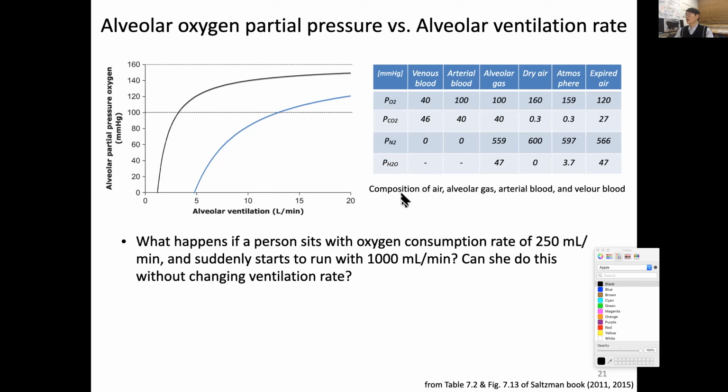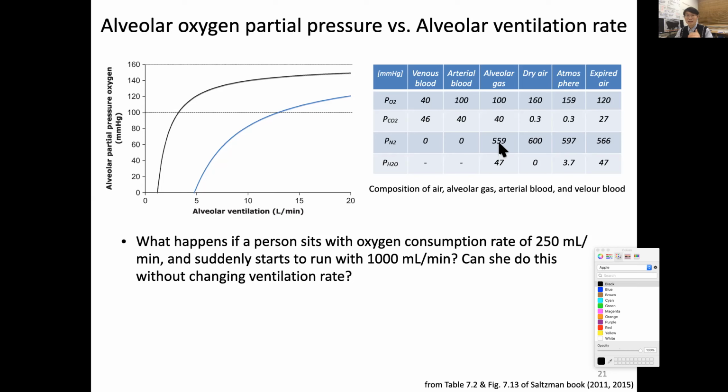And here I put a table from Table 7.2, the relation of partial pressure of oxygen, CO2, nitrogen, and water. In venous blood, it's like this, and in arterial blood, the oxygen partial pressure is 100 mmHg, and alveolar gas has about 100, which is lower than dry air, and CO2 is 40 mmHg, and there's nitrogen, which is almost 79% of the air, like this.